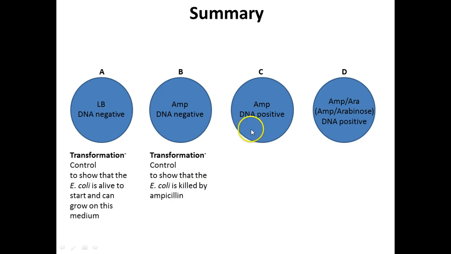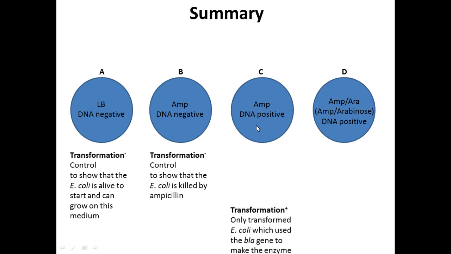This plate, right? DNA positive contains ampicillin. Will we have growth? Yeah, but only of the cells that were transformed. And not necessarily all of them are going to get transformed, right? Only the ones that are transformed that actually make the ampicillin resistance gene will actually grow.